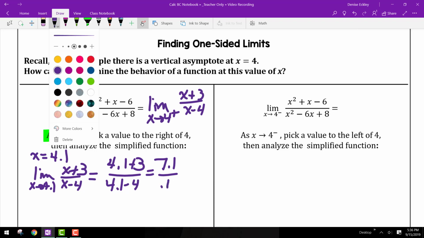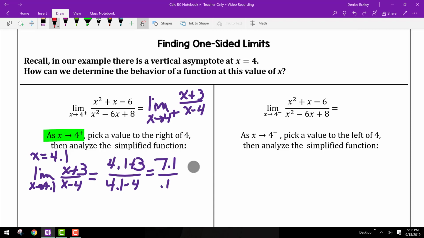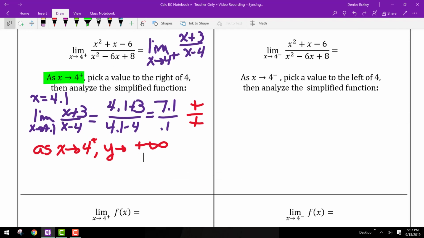What I want you to notice is that we have a positive number over a positive number. That means that as x approaches 4 from the right, y is going to approach positive infinity.